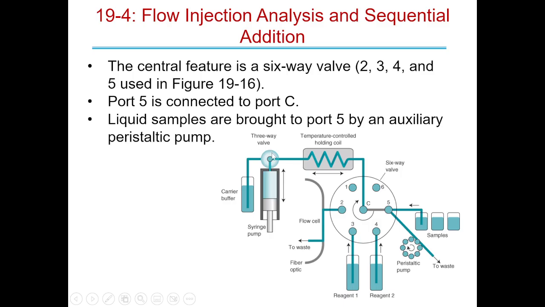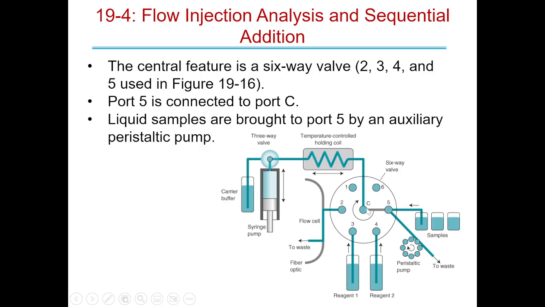This is pretty common if you have anything like proteins, because a lot of them will change with pHs, as you've experienced. This right here would be your syringe pump. Notice this is what's called a 3-way valve, 3-way because it has 3 directions off it. Then this is your temperature-controlled holding coil. Notice it's a mixing coil to get these mixed, but it doesn't always have a flow through it, okay?